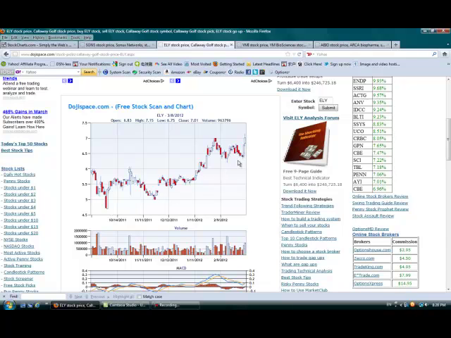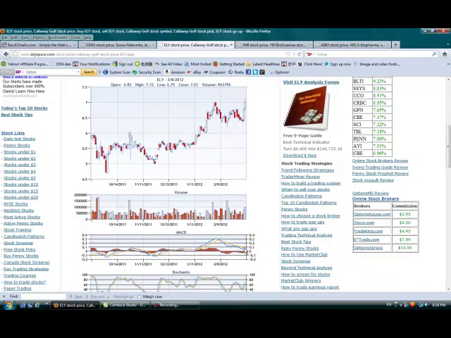So you can use stockcharts.com for stock charts. Okay, so we see this stock made the MACD crossover today. So this is the MACD. This is the volume.